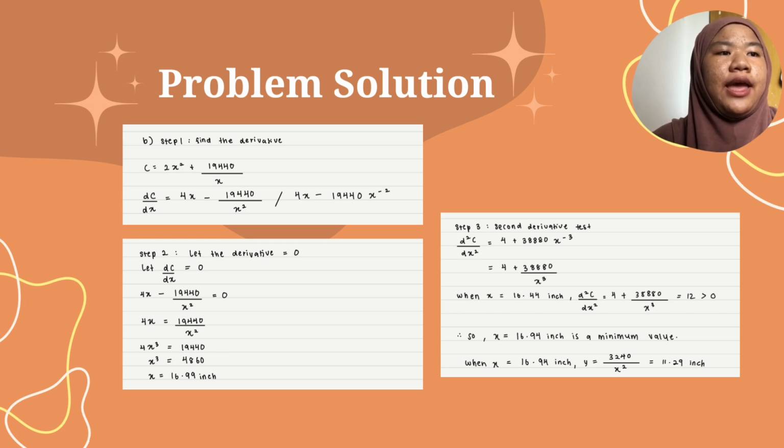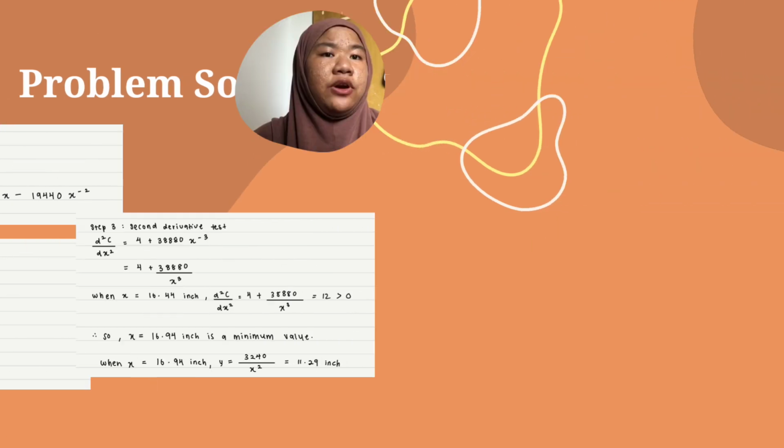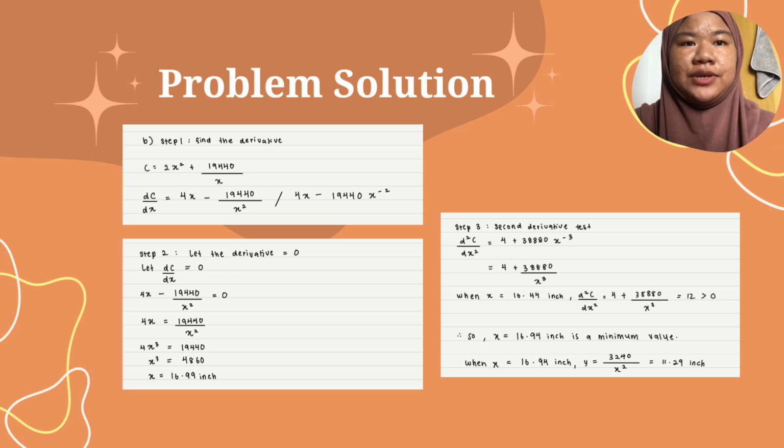When x equals 16.94 inches, we substitute the x value into the second derivative equation. After we calculate, we get 12, which is larger than 0. Since the second derivative is larger than 0, x equals 16.94 inches is a minimum value.